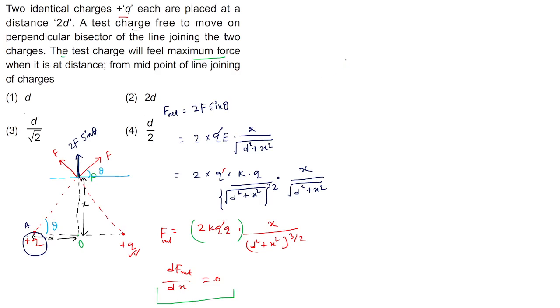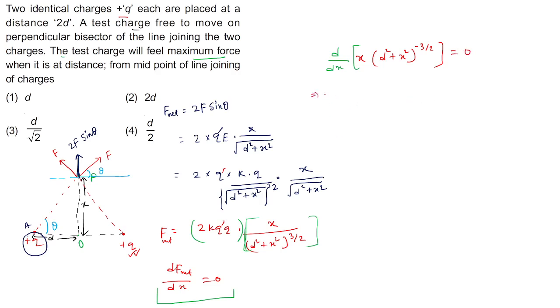So finally we have d by dx of x times d square plus x square whole to the power minus 3 by 2 equals 0, correct?